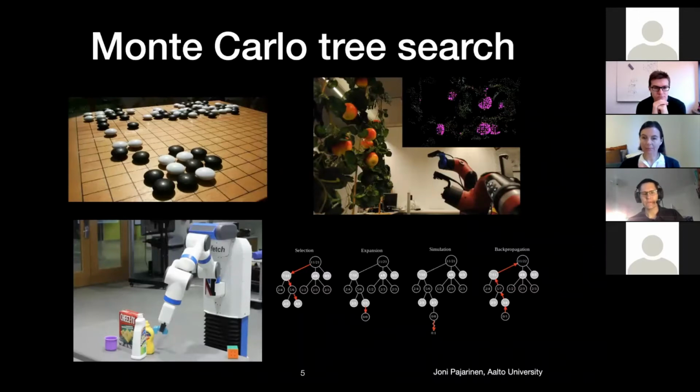One thing that we should note here is that the decision-making you typically do with Monte Carlo tree search is limited to discrete actions. So you do high-level decision-making. And we will also assume this today. There's some work that extends it to continuous actions, but we will not discuss it today. So this is the most common way of using Monte Carlo tree search, of having discrete actions and discrete states.